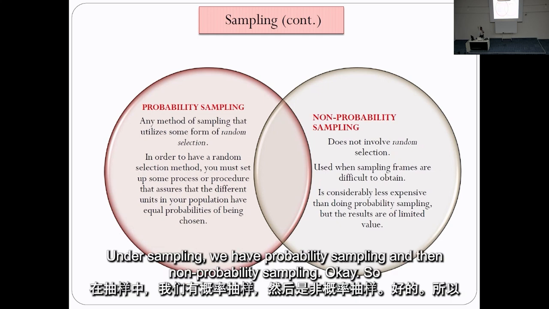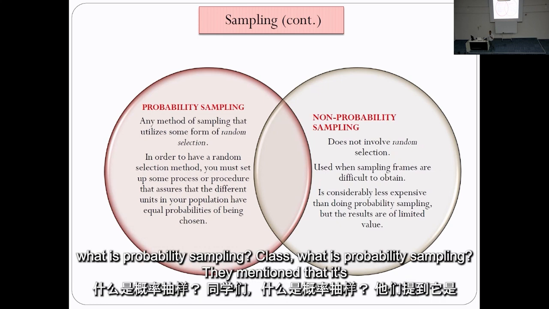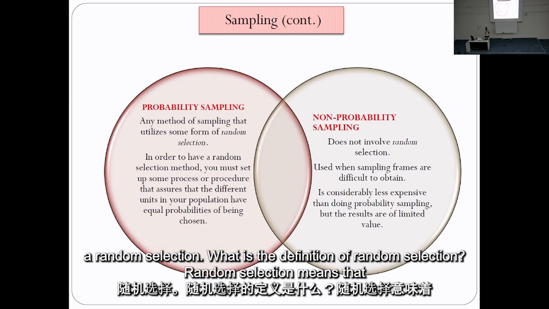Under sampling we have probability sampling and non-probability sampling. So what is probability sampling? Class, what is probability sampling? They mentioned that it's a random selection. What is the definition of random selection?